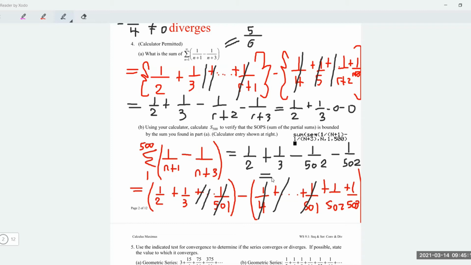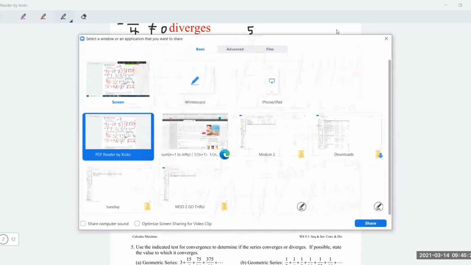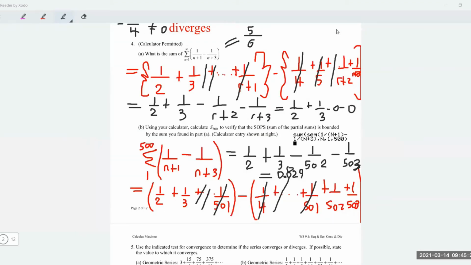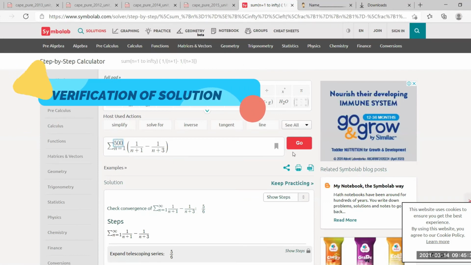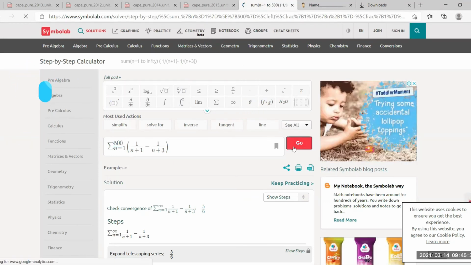I get 0.829. Oh, this should be 3. So I get 0.829. That's what I get for my final answer. Now, of course, for verification, let us check it. The sum from 1 to, not infinity, but 500 should get 0.829 as well.